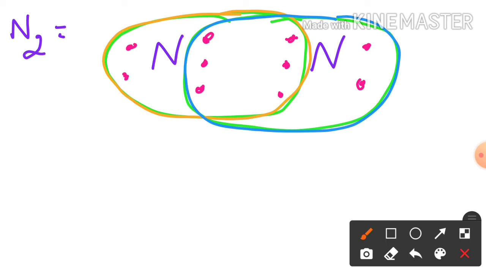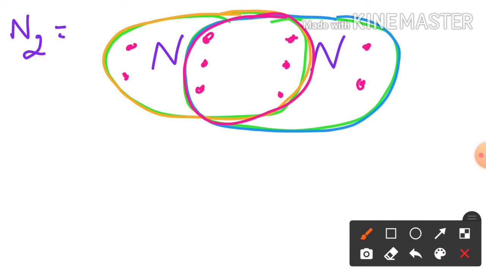And in the center, these 3 pairs of electrons are called shared pairs of electrons, and since there is a sharing of 6 electrons or 3 pairs of electrons, we can say that it forms a triple bond.